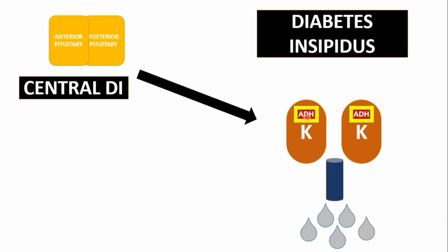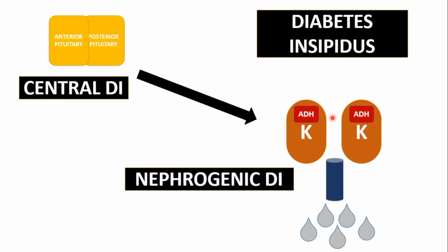Here the receptors in the kidney are absent or defective, but the ADH is still present, but this ADH has no receptor to act upon. This problem is at the level of the kidneys, so it is called nephrogenic diabetes insipidus. In both these cases, there is no antidiuretic action, that is no antidiuresis, only diuresis is present, so the patient has polyuria.